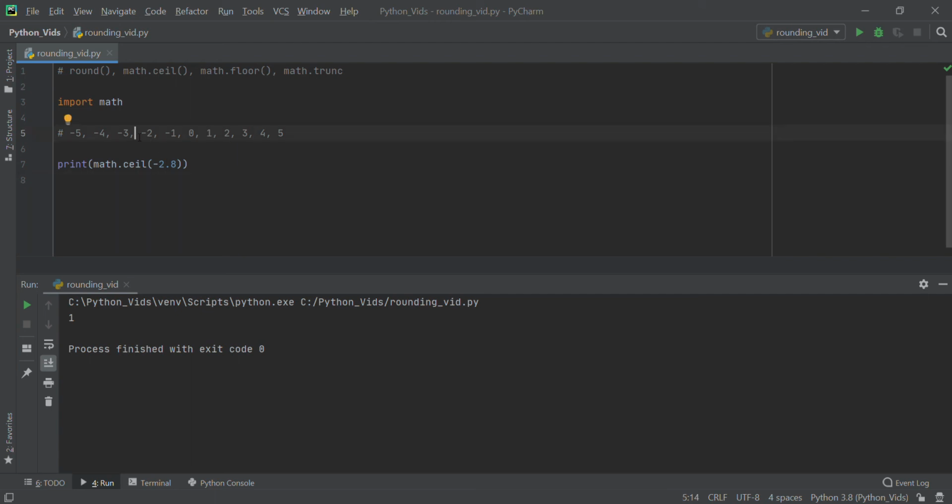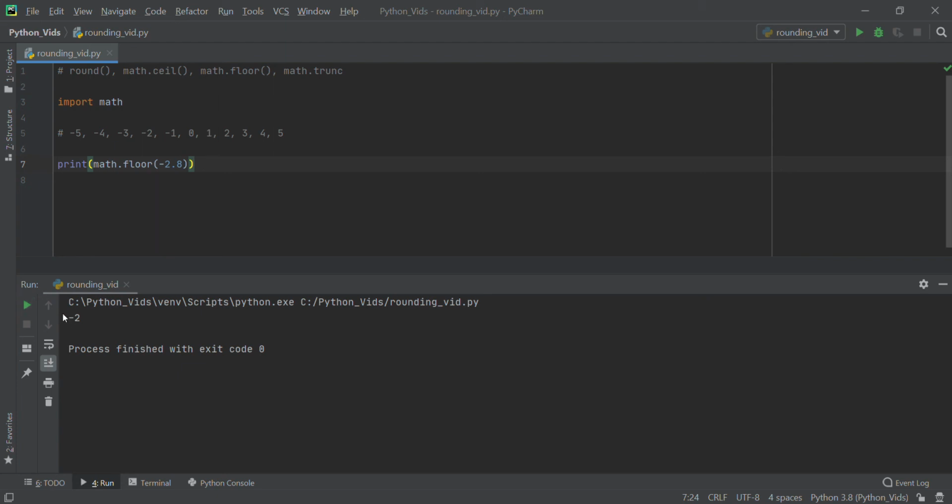It's right around here. Is this going to give you a negative 3 or a negative 2? Gives you the negative 2. That's because it's ceiling, not floor, which makes sense. I was very confused there for a second. I was thinking, why in the world? But of course, it's because we had math.ceil up.